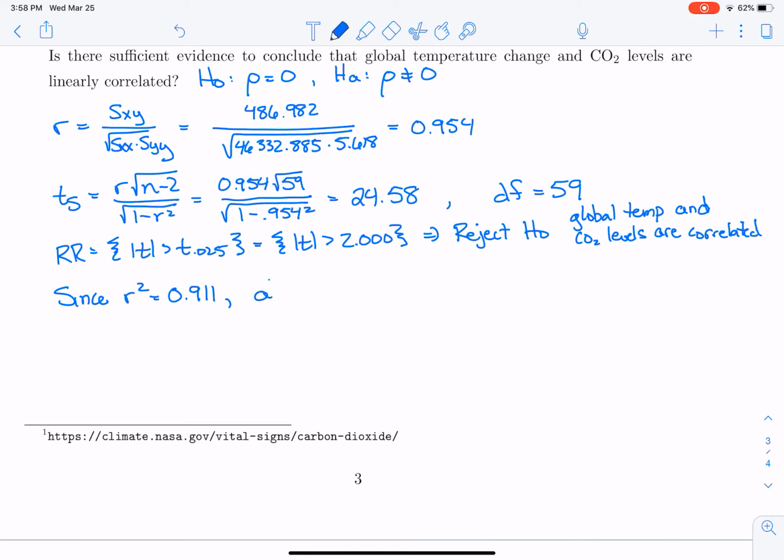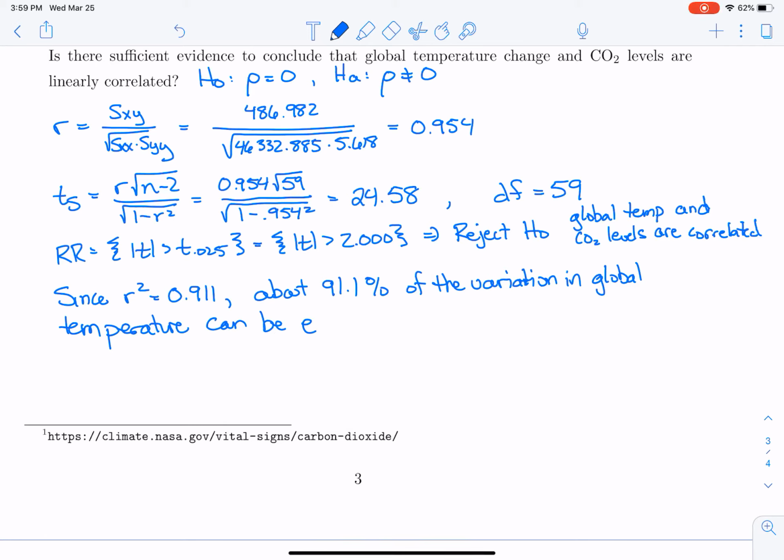Okay, that says about 91.1% of the variation in global temperature can be explained by the change in CO2 levels.